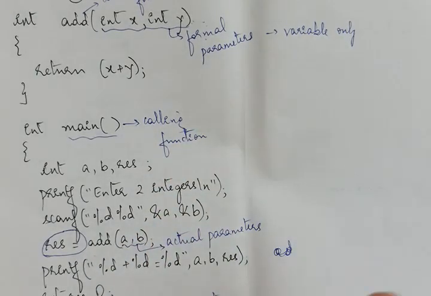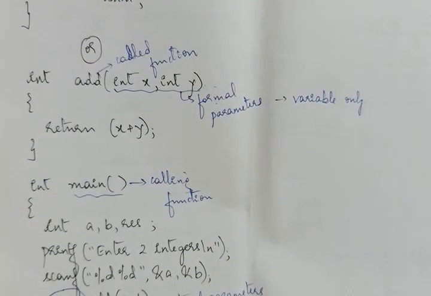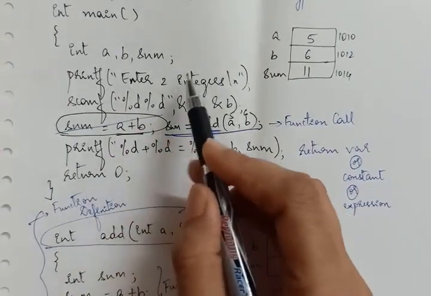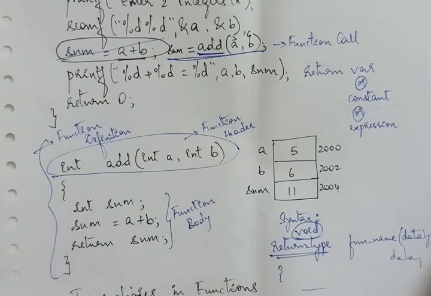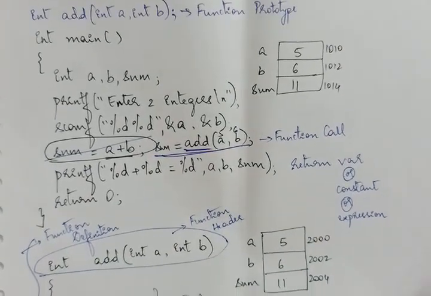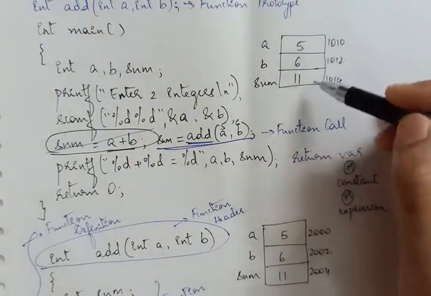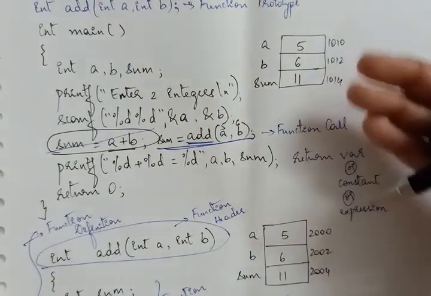Now say suppose, in the example that I had given initially, here I am using A B here and I am using A B here as well, right? So in this case, what's happening? There are two different locations, all of which are having the same values, but I'm wasting the memory here.